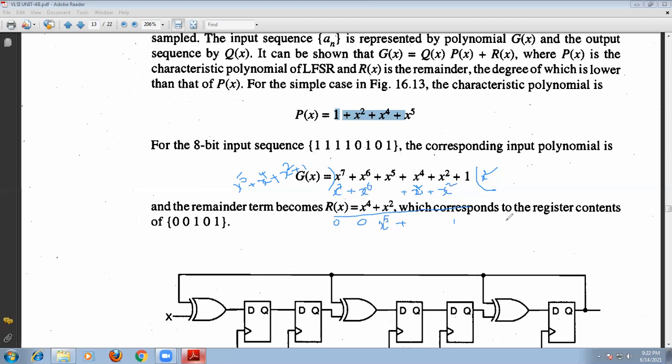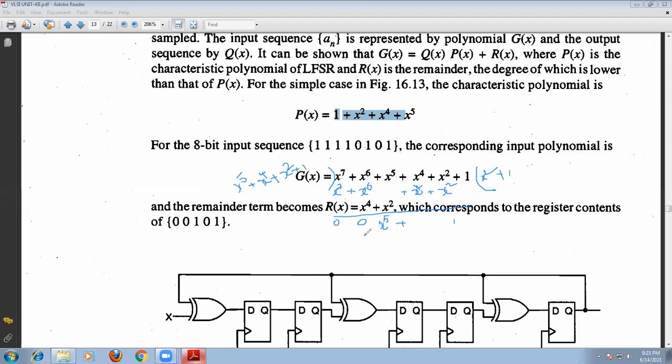So what will you get? Plus 1 time, the coefficient is 1.